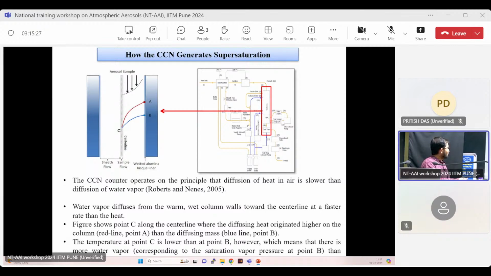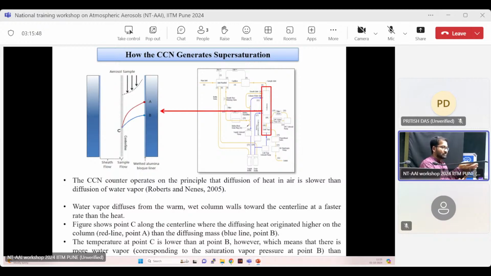So for a certain temperature, point C will always be more saturated compared to point B. And you will always have moisture that is more available than the thermodynamically allowed moisture.